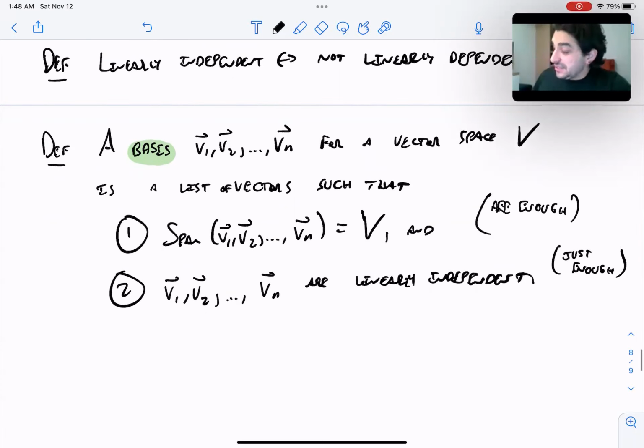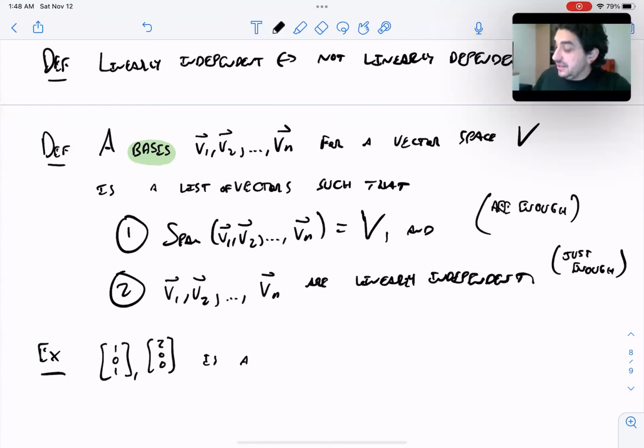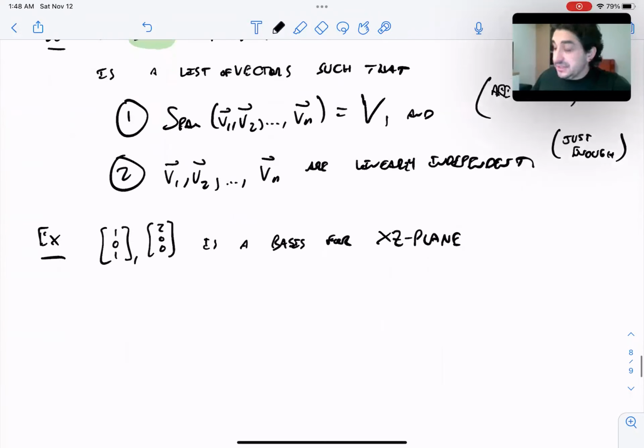So, for example, like what we saw up above, we would say that (1, 0, 1) and (2, 0, 0) is a basis for the xz plane, because the span of those two vectors is the xz plane, and those two vectors are linearly independent, right?